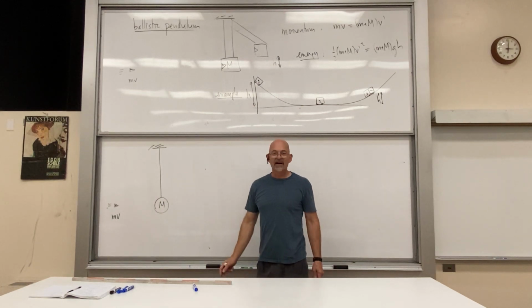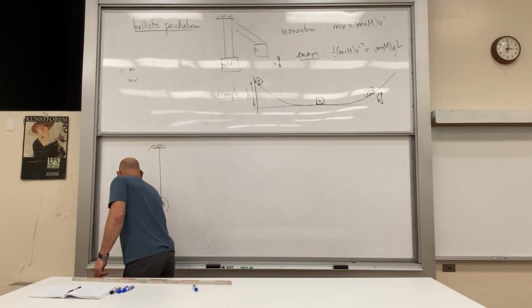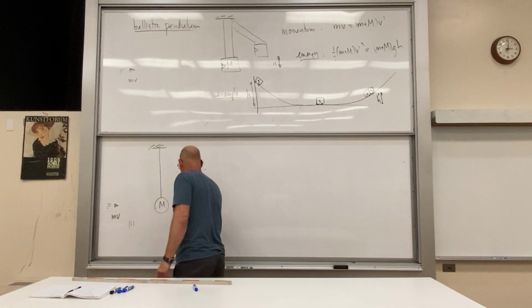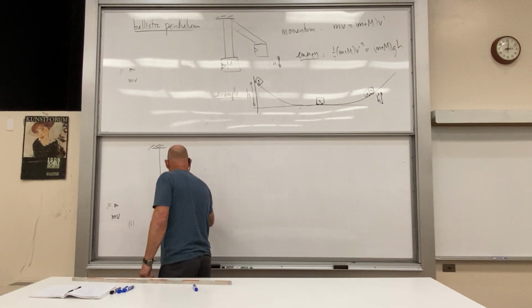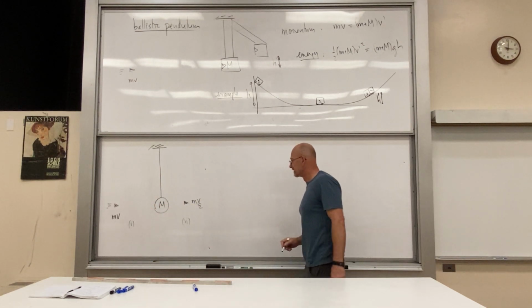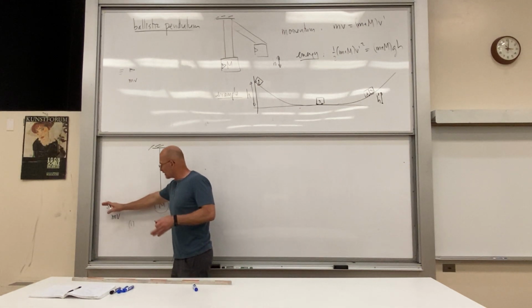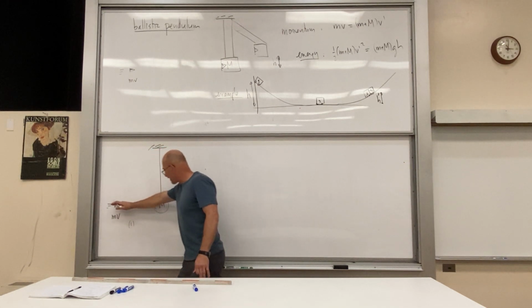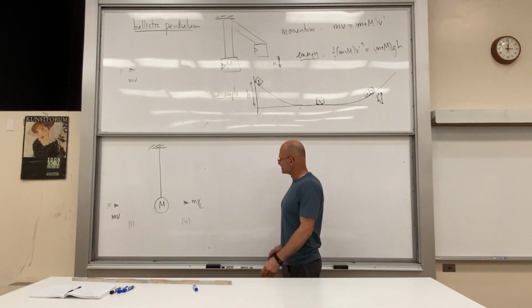Say it comes out with half its original speed. So initially mv, finally on this side you've got m times v over 2. There's no external force here. Gravity's not playing a role. This thing is just firing along horizontally for this duration at least.